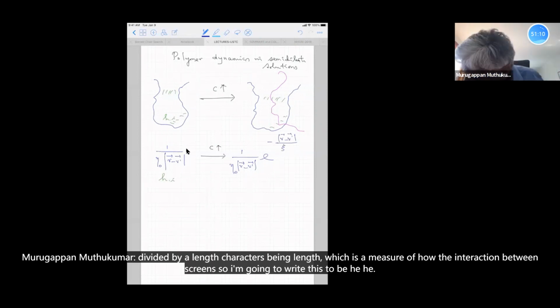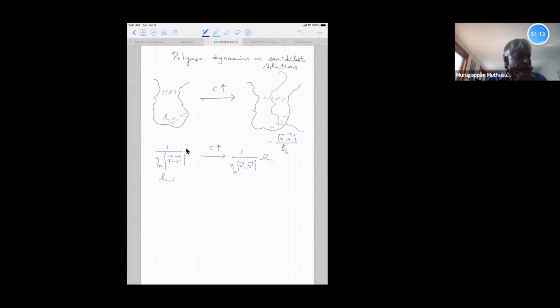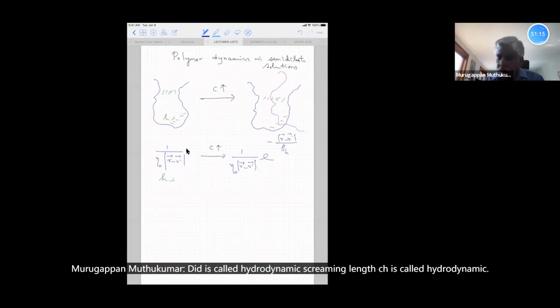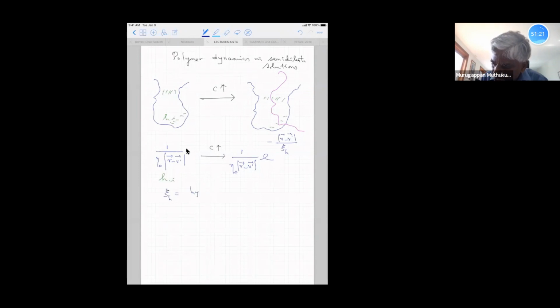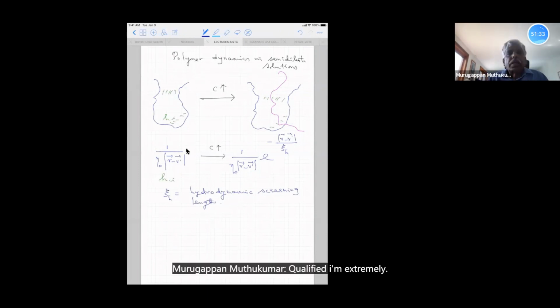I'm going to write this as xi H. This is called the hydrodynamic screening length.